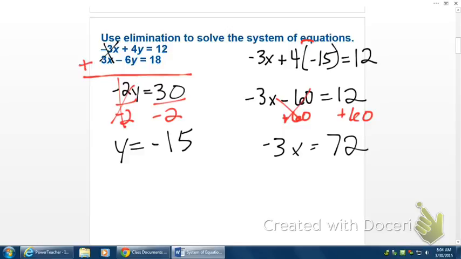So we're figuring out what x is now. We've got y, I just need x. Need the other half of this puzzle. Last thing, divide both sides by negative 3. Negative 24. That sounds about right. Now we know what x is, and we know what y is.